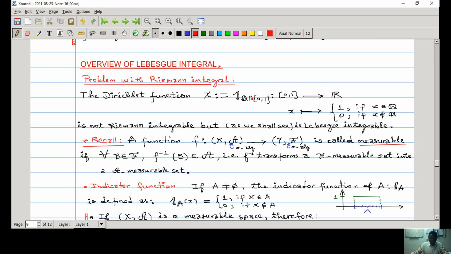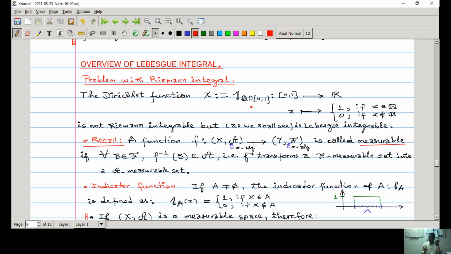The Riemann integral of this does not exist. For the Riemann integral, we define two quantities: the lower integral and the upper integral. For the lower, we take a partition of the interval, and in each subinterval we take the minimum value and sum them up.